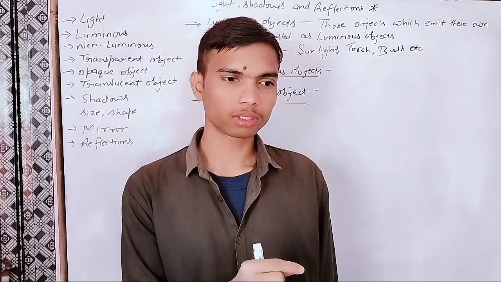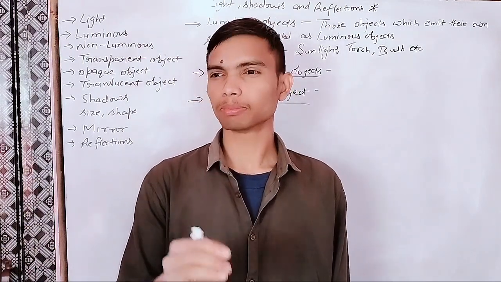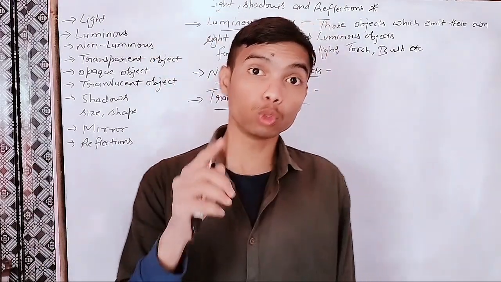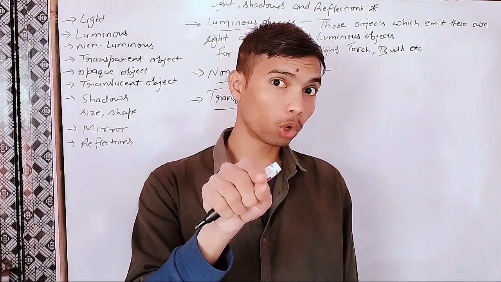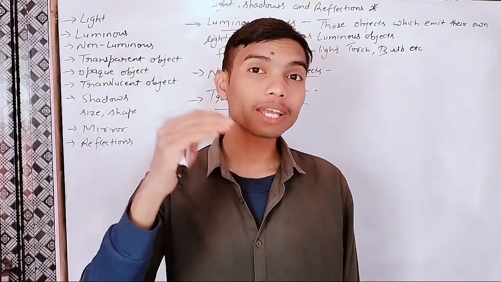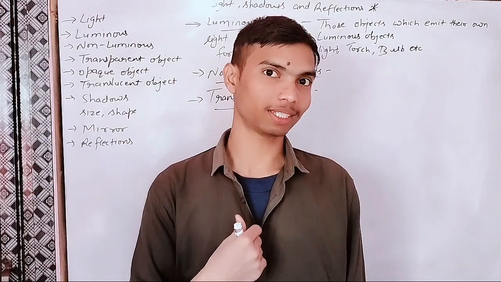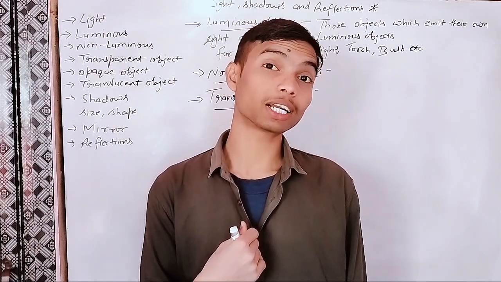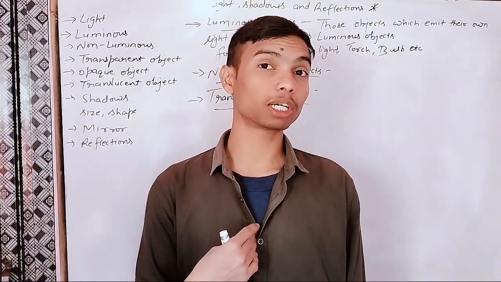Transparent object says to you: behind me, you audience, you will not be able to see the area behind me. Is that what a transparent object is saying?